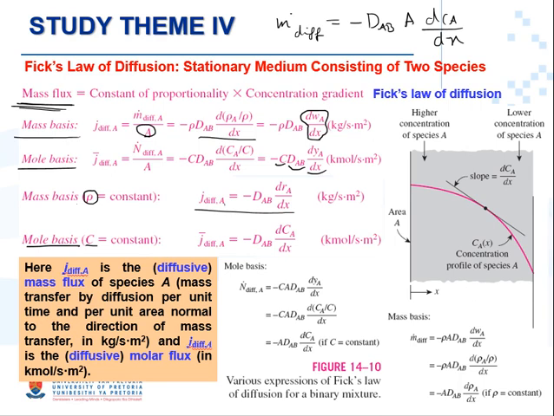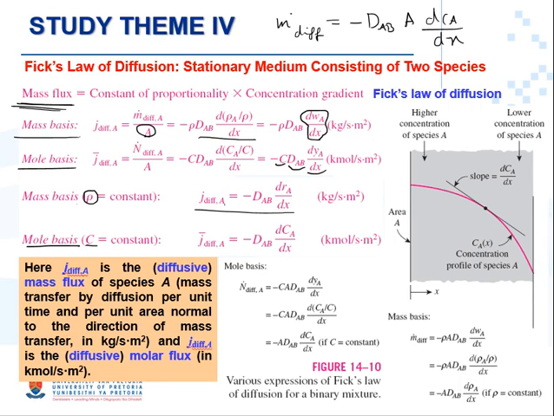Besides that, we should know that the relationships that we mentioned here are for one-dimensional mass diffusion. For 2 or 3-dimensional cases, Fick's law can be expressed differently. You remember, it's like conduction. We were first talking about one direction.